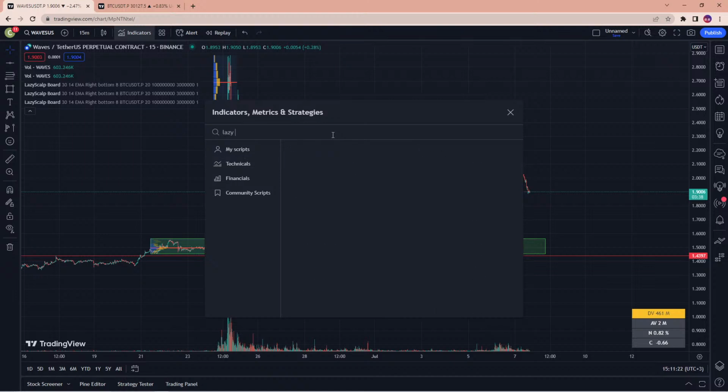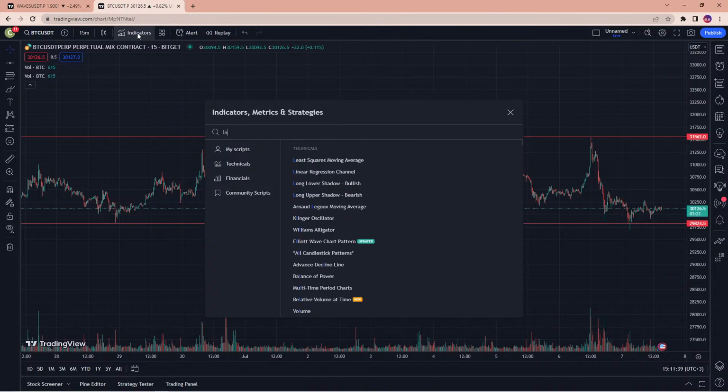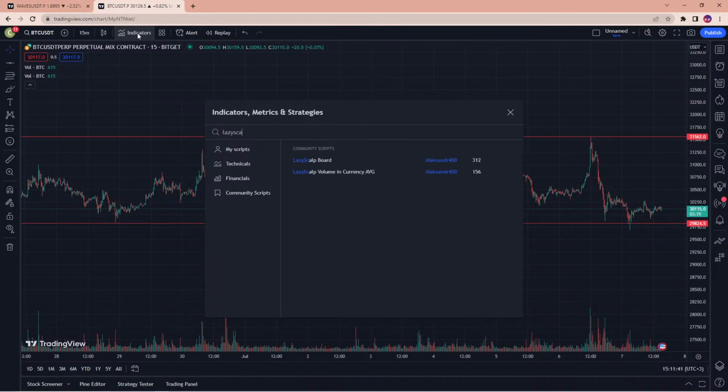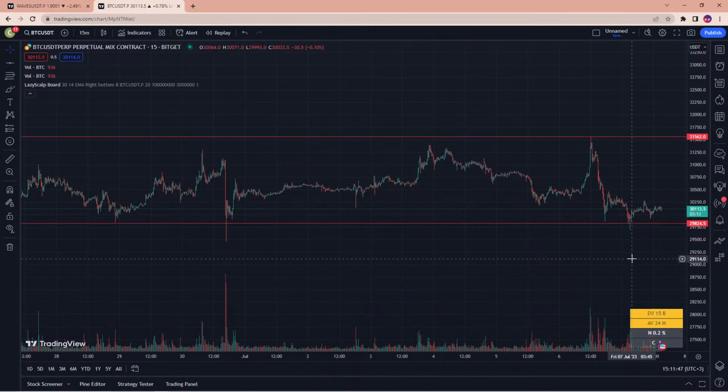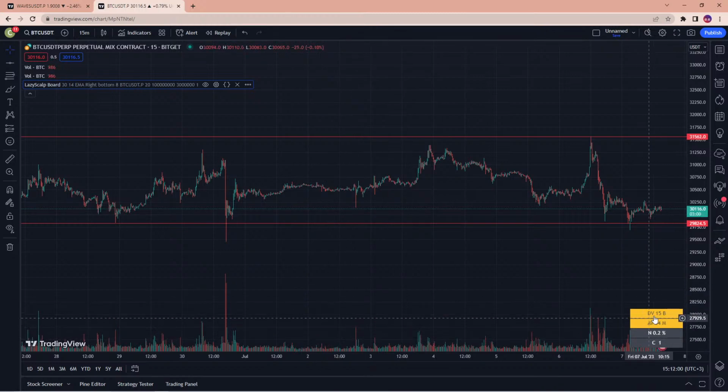Let's find it there. What's the scalp board? Here we add it, and I do not recommend changing some inputs. We leave the default settings, and there are four main parameters.